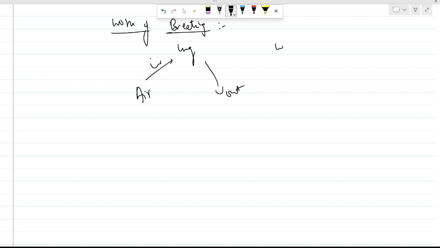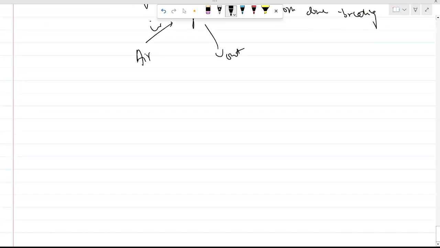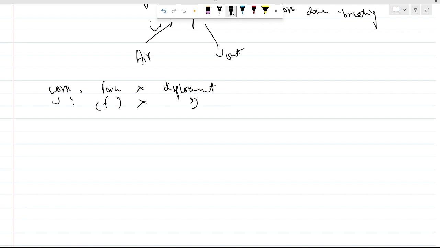The work done is our breathing. We will calculate how much of the work is done during inspiration and expiration. We know that work is force into displacement, from physics, F into D.